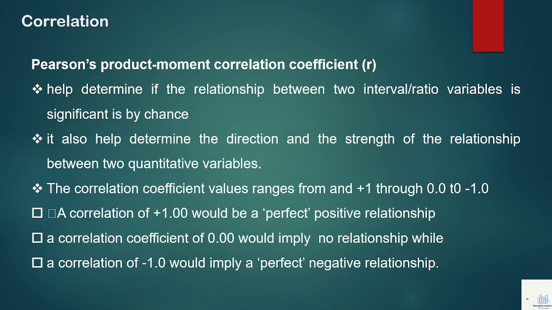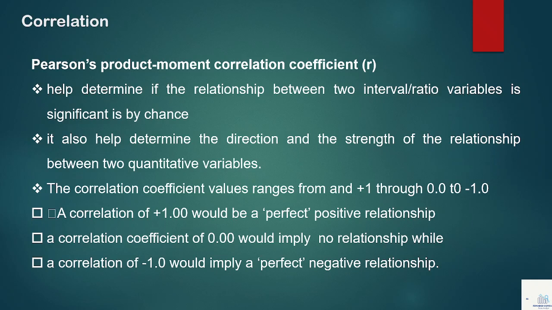Now, when we talk about correlation, the most common correlation that is being used is the Pearson product moment correlation coefficient, and this helps to determine if the relationship between two interval or ratio variables is significant by chance. You see, I keep emphasizing this level of measurement at every training session, and it's actually very important.